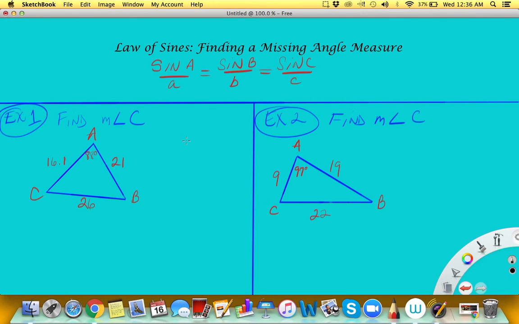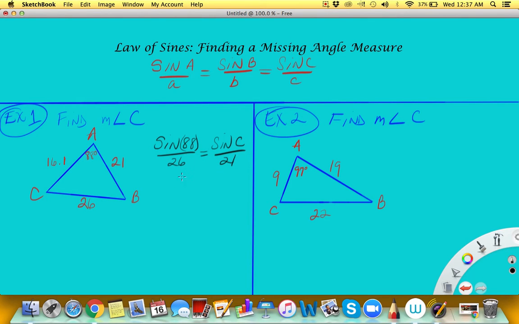So in this case, we have the sine of 88 over 26, which is equal to the sine of C over 21.